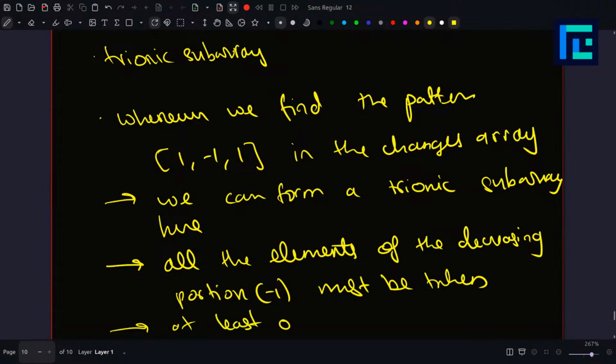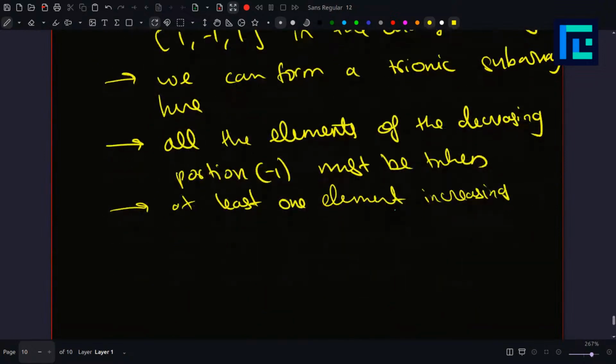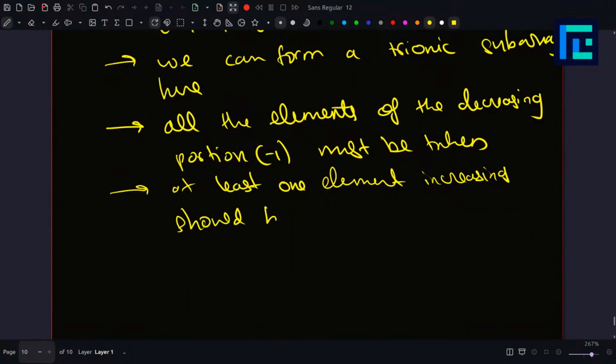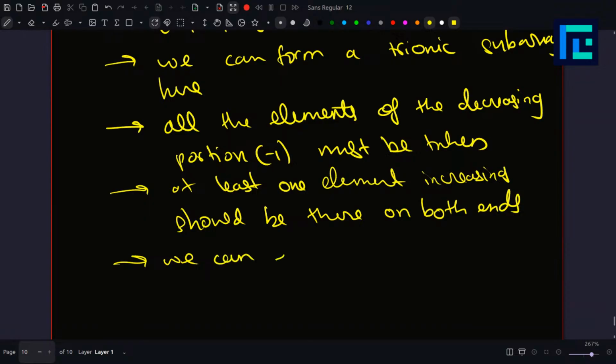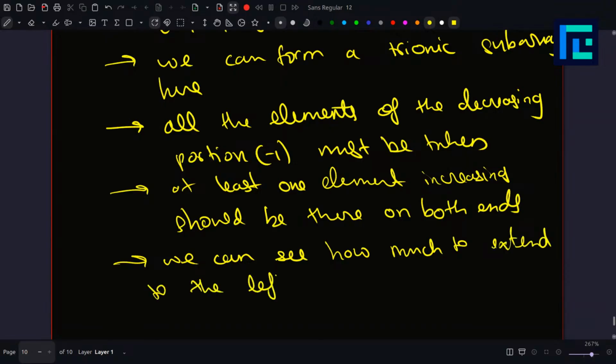At least one increasing element should be there on both ends, and then we can see how much to extend to the left and right. Fine. So that's basically it.